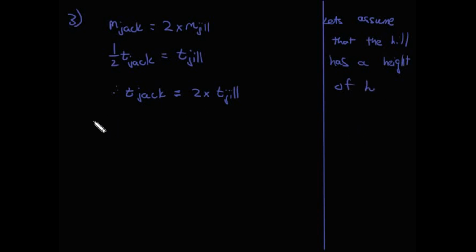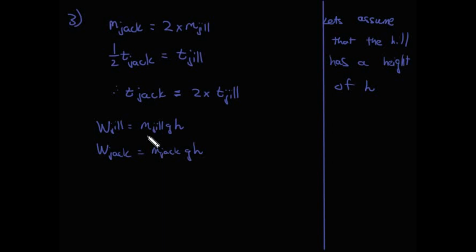Then the work that Jill did is equivalent to the mass of Jill times gravity times the height of the hill, and the work of Jack is equal to the mass of Jack times gravity times the height of the hill.